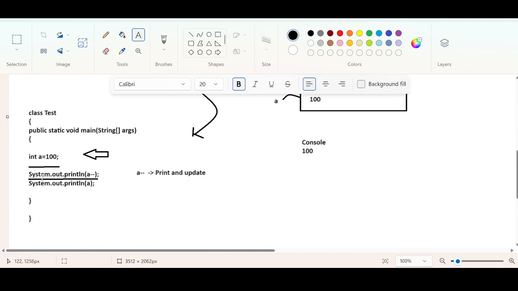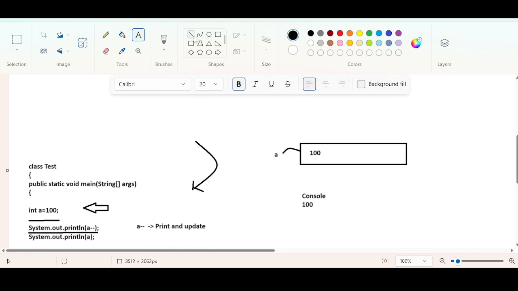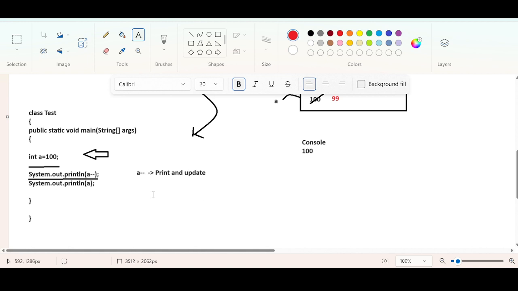What needs to be updated? A plus plus means add 1 to the number. A minus minus means reduce 1 from the number. 100 will become 99. This is the latest value. So this line is over.